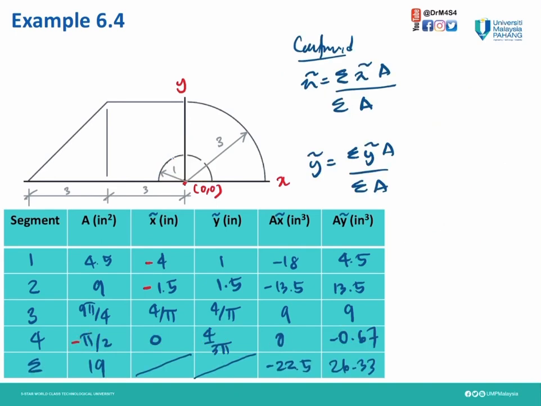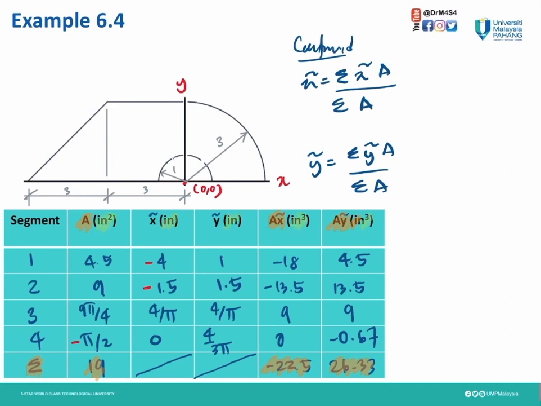Once we tabulate all the values for those segments, we can sum up the value for A. We get 19. Also we need to sum up the value for A x bar, which is negative 22.5, and the sum of A y bar is 26.33. For this question, make sure you write the right unit.